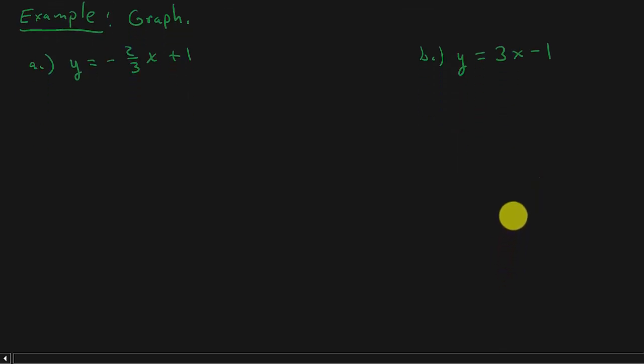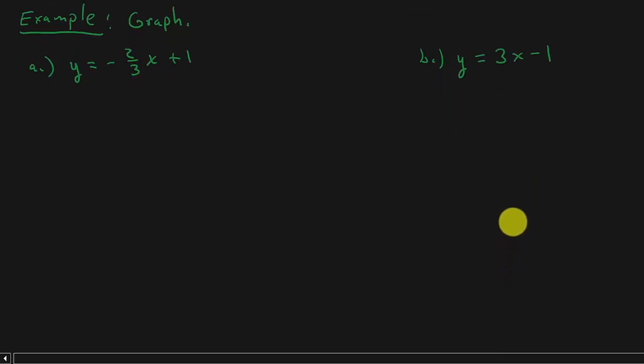All right, now let's look at graphing. If you've been watching these videos in the playlist and you've gone through them, then in one of the videos you saw that we graphed some linear equations, some linear functions. The way we graphed them was by finding the x and y intercept.